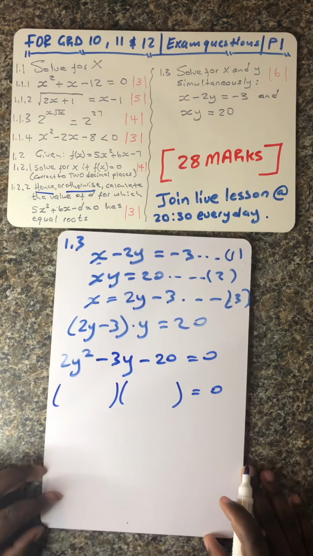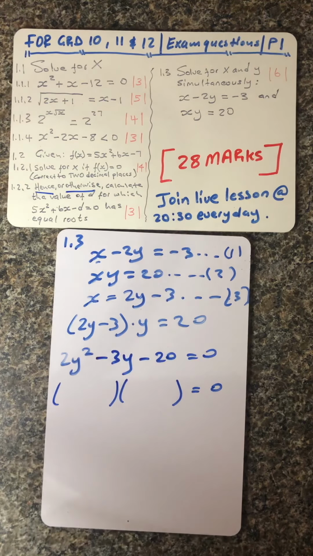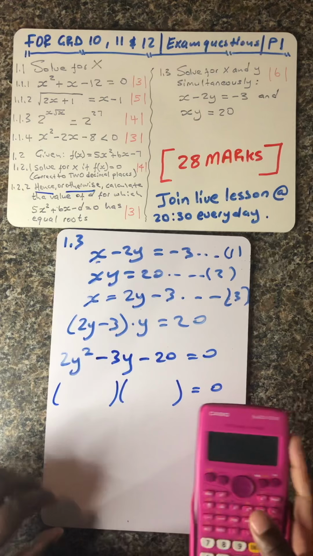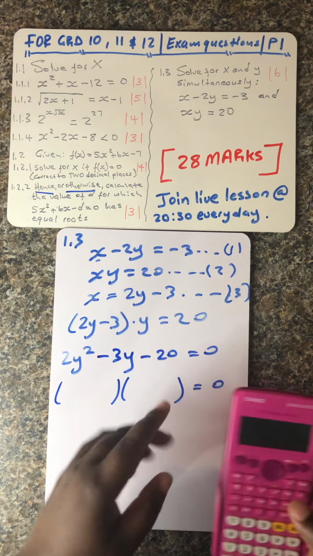I think this is an opportunity where I can use the quadratic formula to factorize this equation. I won't stress myself by trying to think what could be the factors.